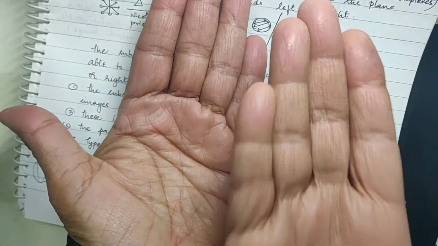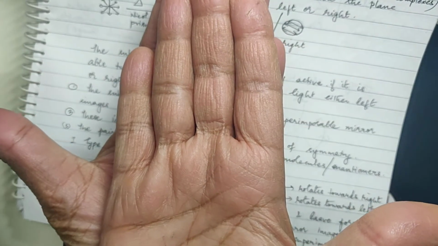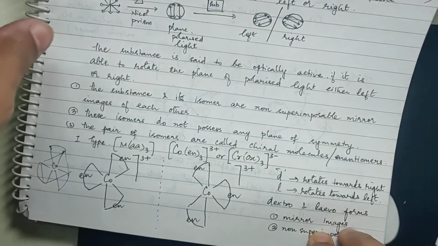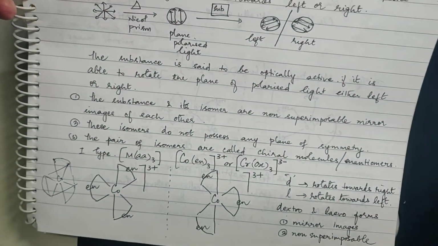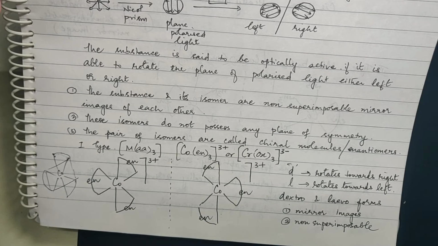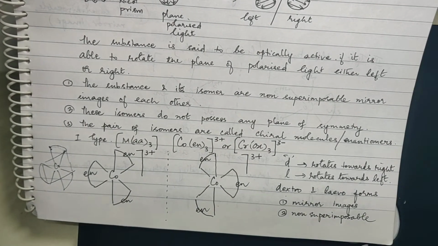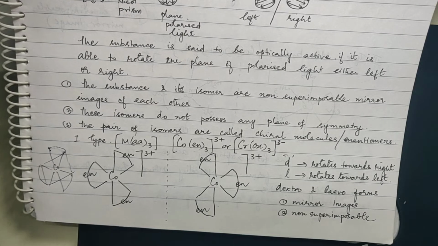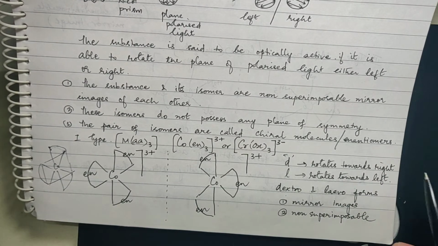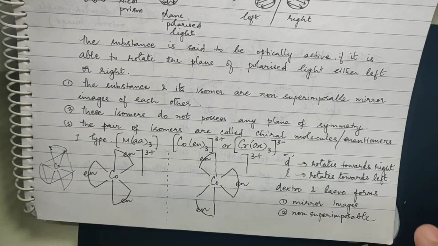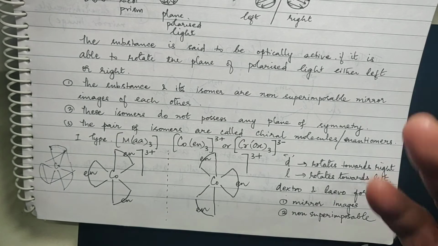But if you are placing it like this, then it will not superimpose. So they are called optical isomers. What are they called? They are called dextroform and levoform. Dextro rotates it towards the right and levoform rotates it towards the left. So this is an experimental observation. Just from the picture you cannot say anything.